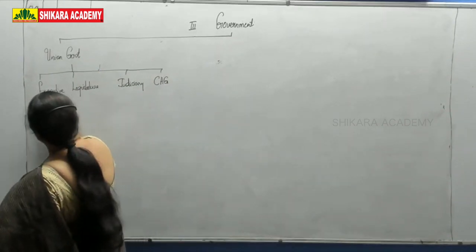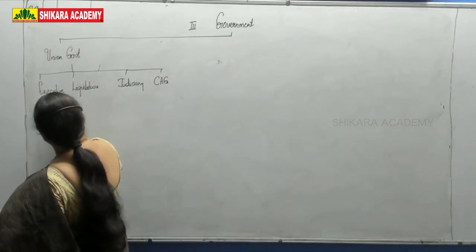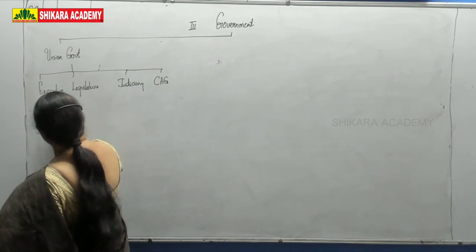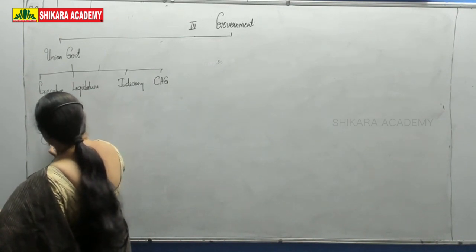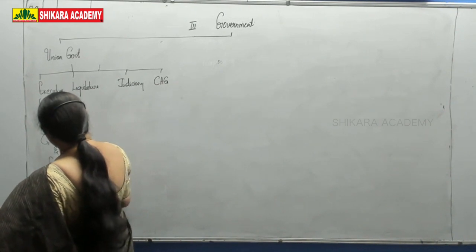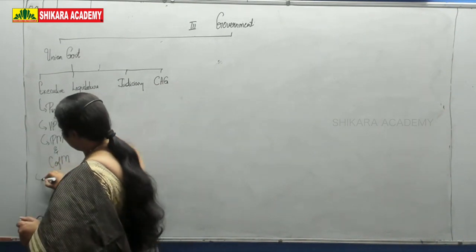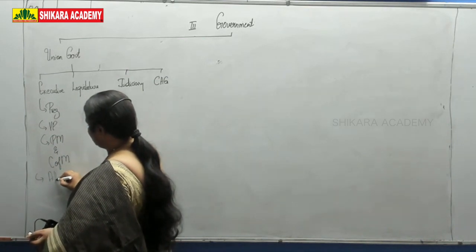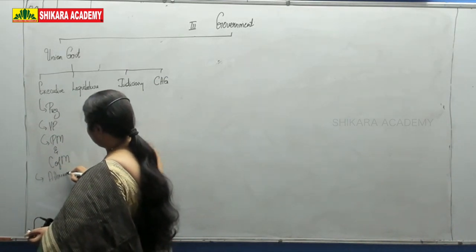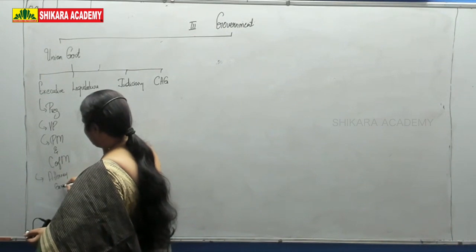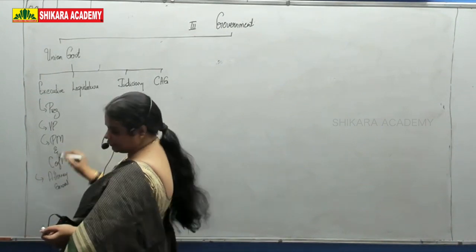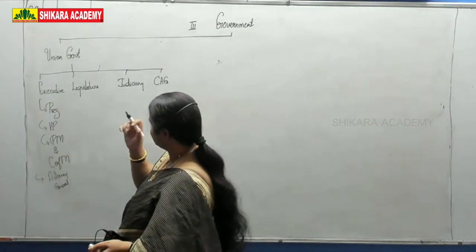Under executive, you will have the President followed by the Vice President, then there will be the Prime Minister and Council of Ministers. And the last office is called the Attorney General. All these people are called the executive. So we are going to study all these offices.